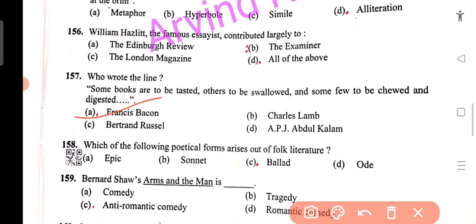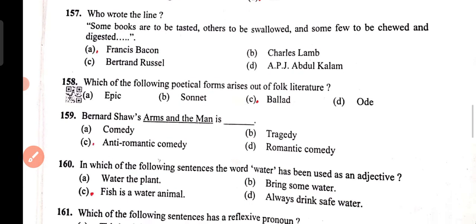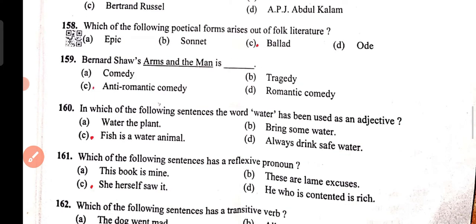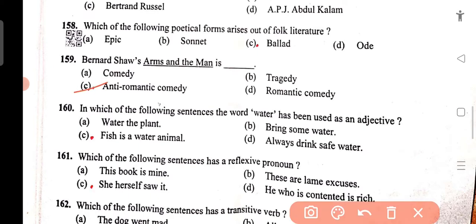Francis Bacon. It is a very interesting line. Now the question number 158. Which of the following poetical forms arises out of folk literature? Ballad. Now the next, Bernard Shaw's Arms and the Man is, option number C, anti-romantic comedy.